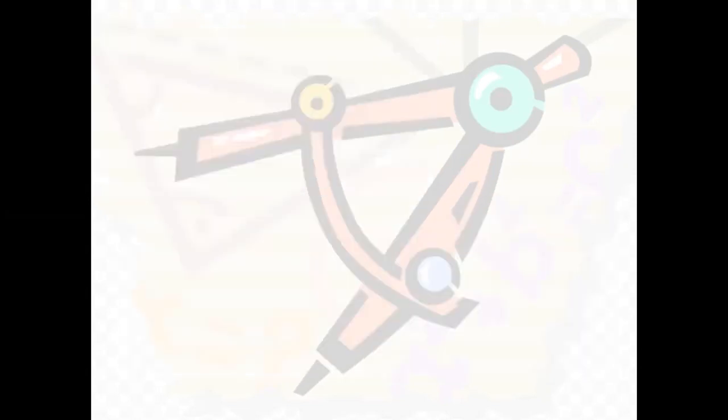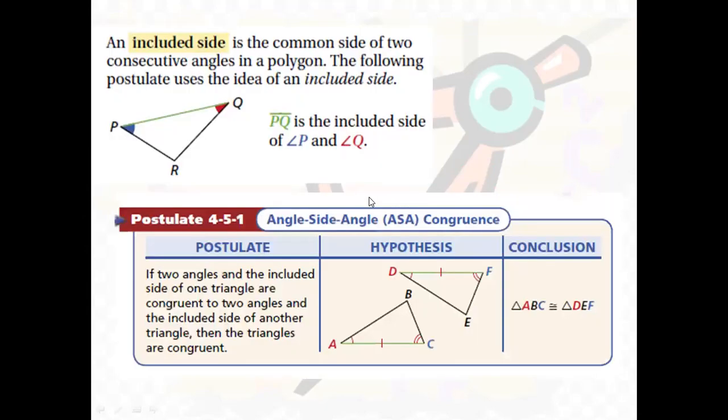If two angles and the included side of one triangle are congruent, so for example in triangle ABC, if two angles, that's angle A and angle C, and the included side are congruent to two angles and the included side of another triangle, that means both of the triangles are congruent.